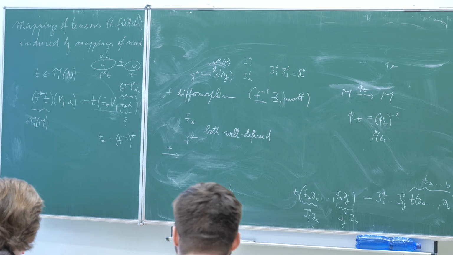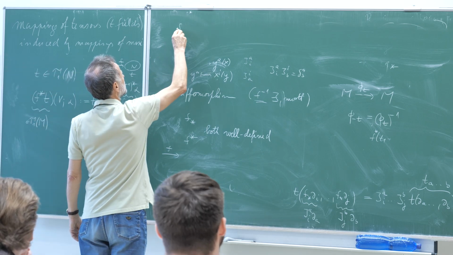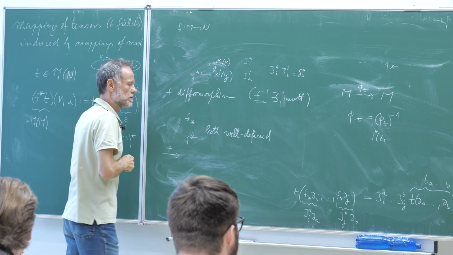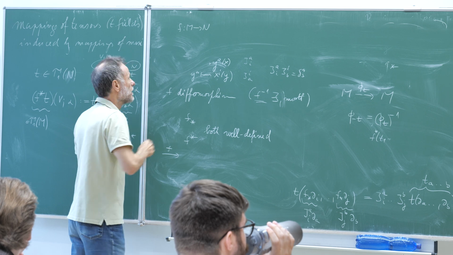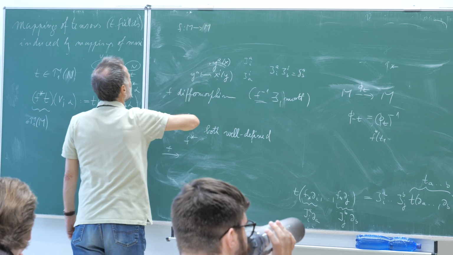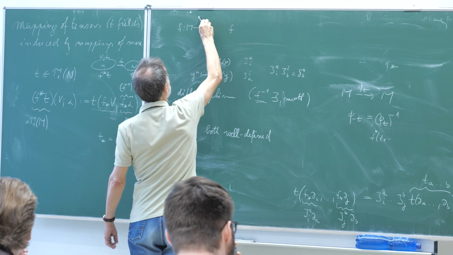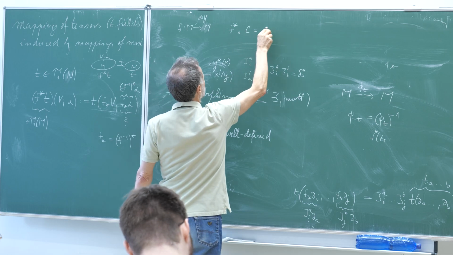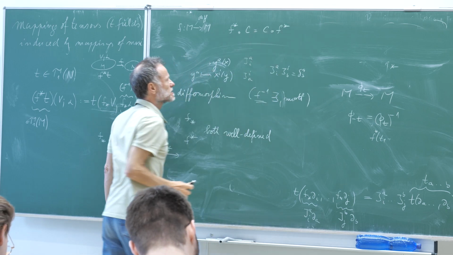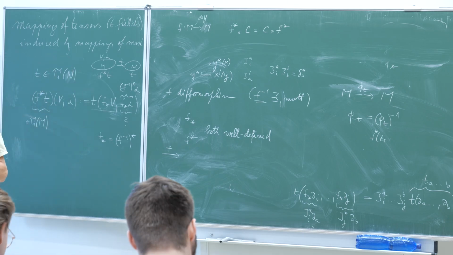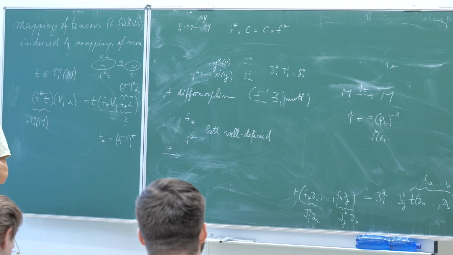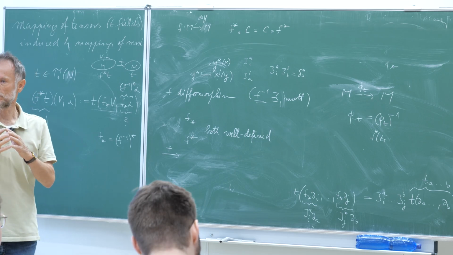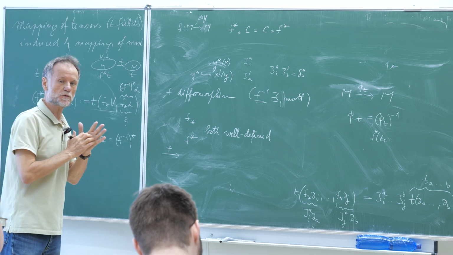And first of all, if you have F from M to N, which is a diffeomorphism, it turns out that if you do pullback, then the contraction of the result gives you the same thing as if you perform first the contraction and then the pullback of the result. So pullback commutes with contraction.